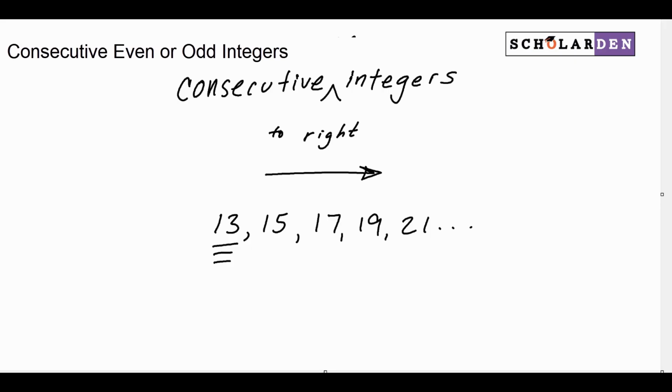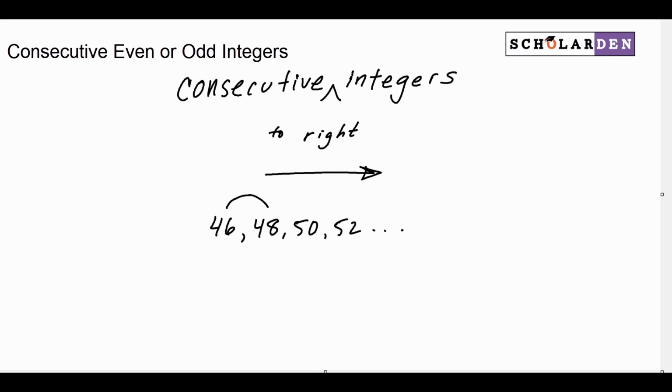We could have consecutive even integers, in which case I'd be starting at an even number. Let's just take 46 as a random example. The next consecutive even integer would be 48, 50, 52, and so on.